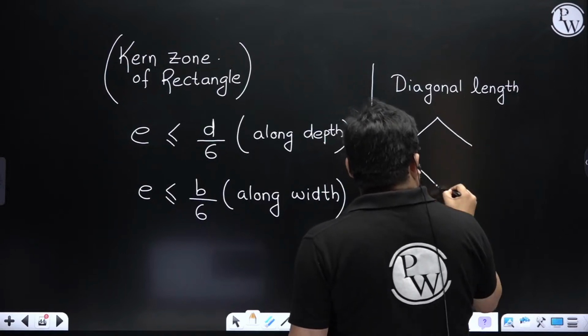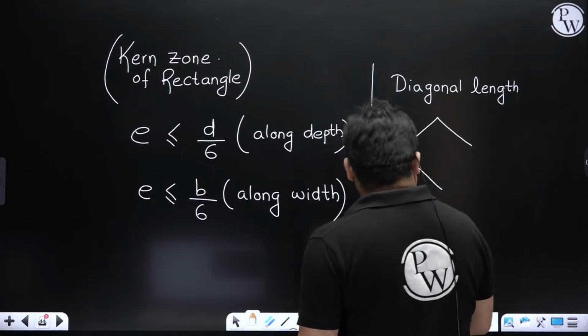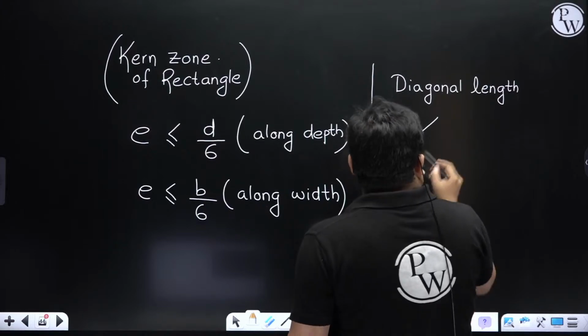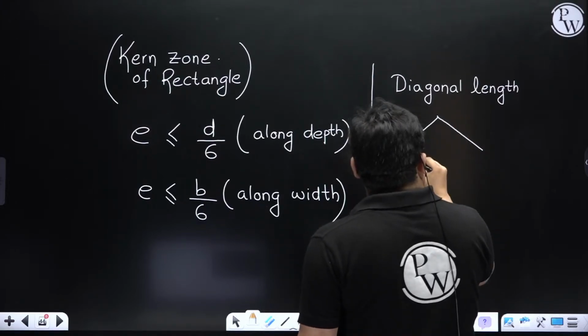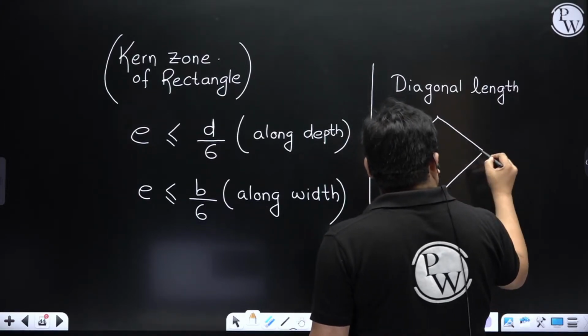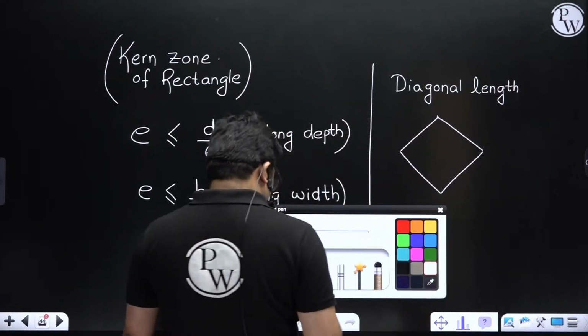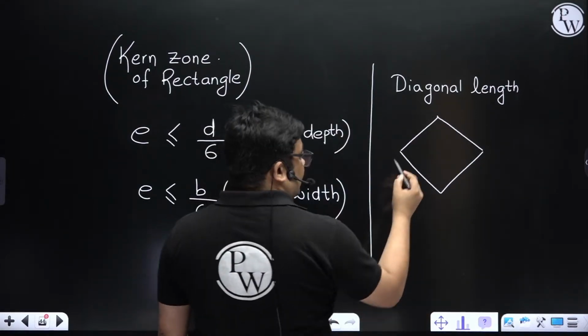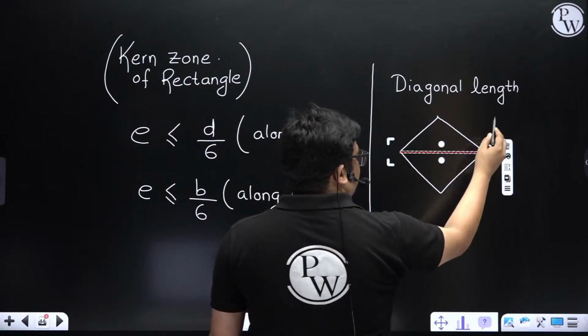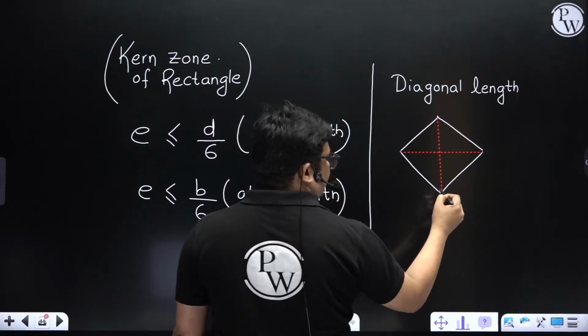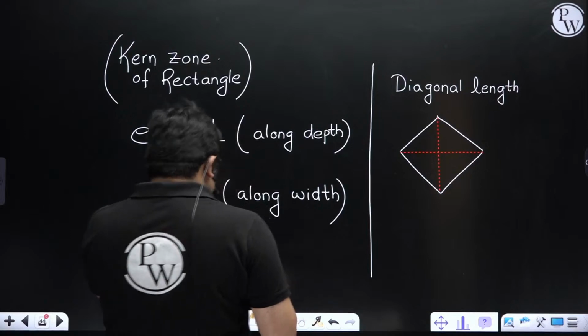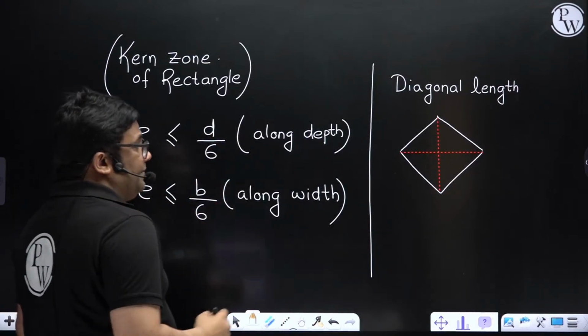If the zone is like this, yes, here we have two diagonals. You see this diagonal and this diagonal. The eccentricities are d by 6 and b by 6.